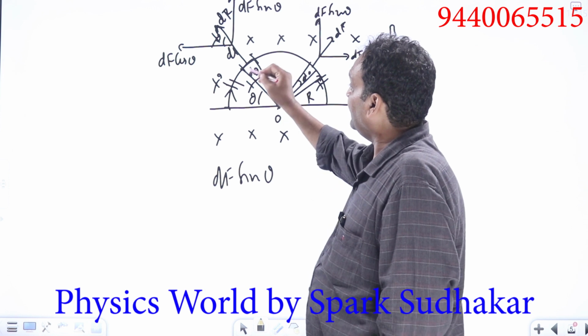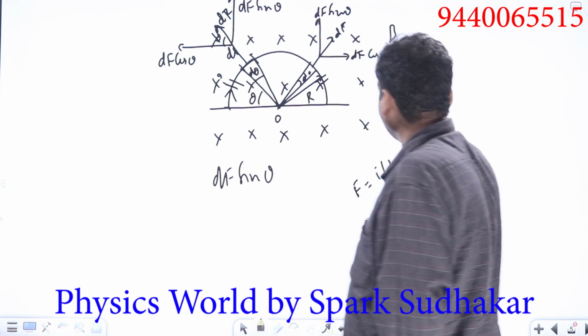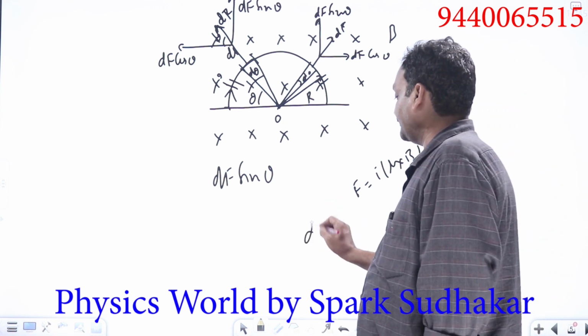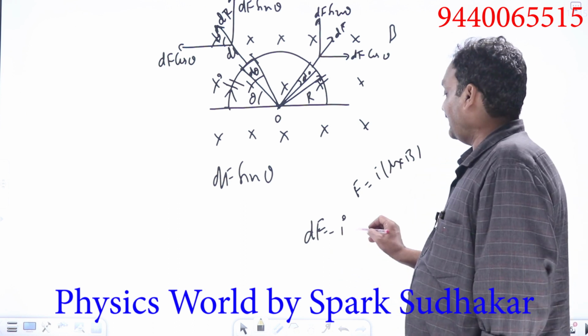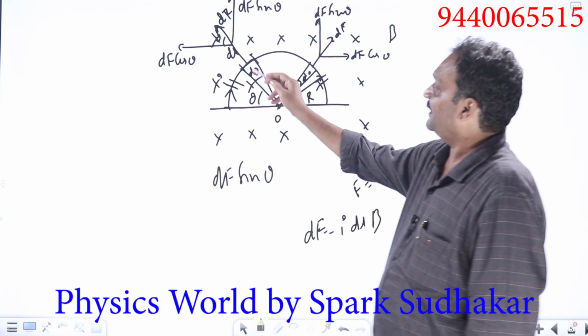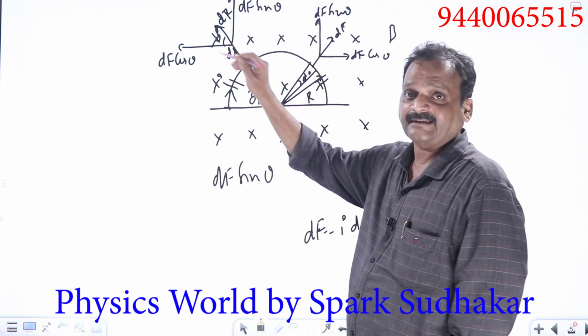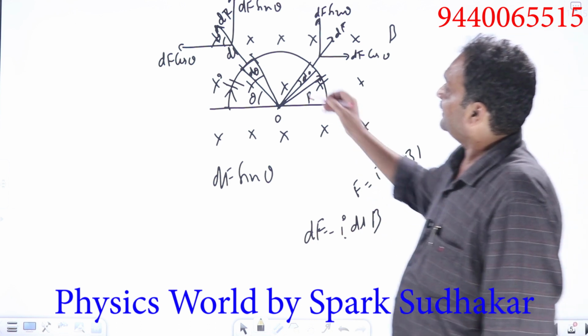What is df? Small amount of force acting on the small element of length dl. That is, df equal to current in the element I, length dl, magnetic field B, angle between dl and B is 90 degrees. That is understood. Sin 90 is 1, so I am directly taking it as I dl B. What is dl equal to?